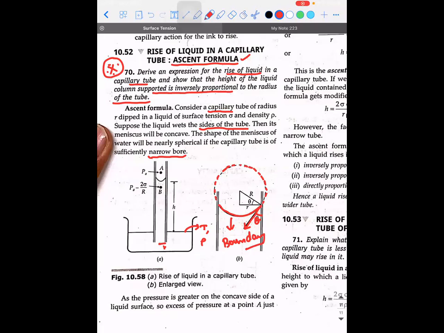Free surface means the boundary should be exposed only to air medium, not the liquid medium. So here you have liquid. If I take it as water, this part is liquid. And here you have vapor. So here it is liquid. Now tell me how many free surfaces does it have, guys?